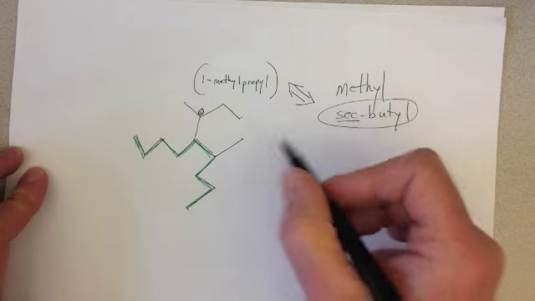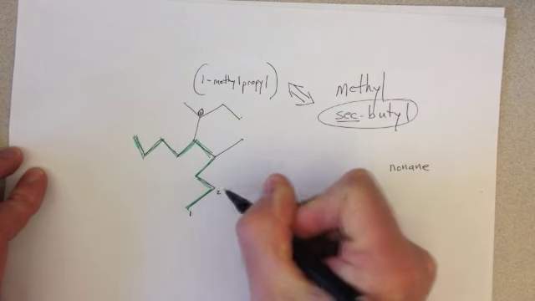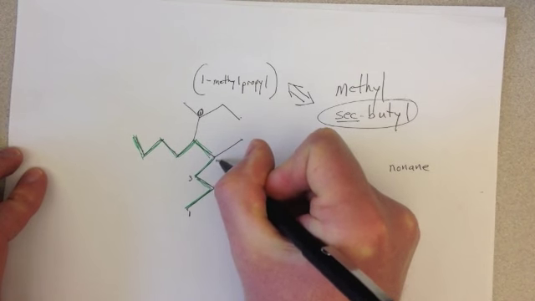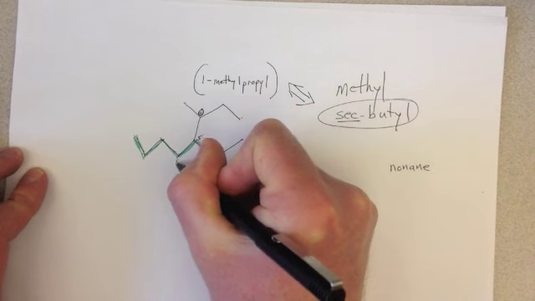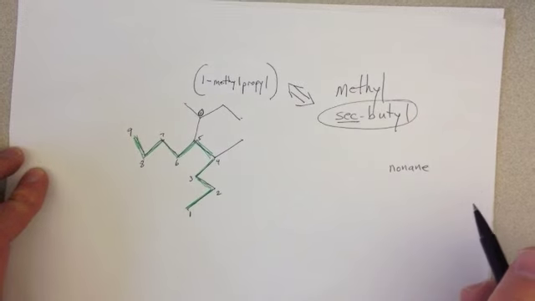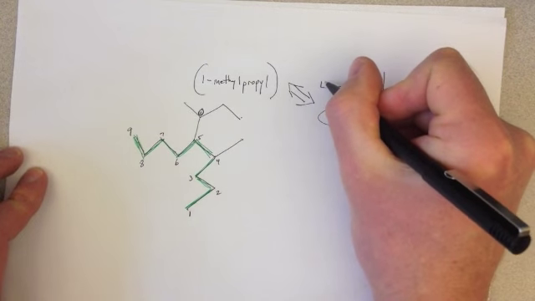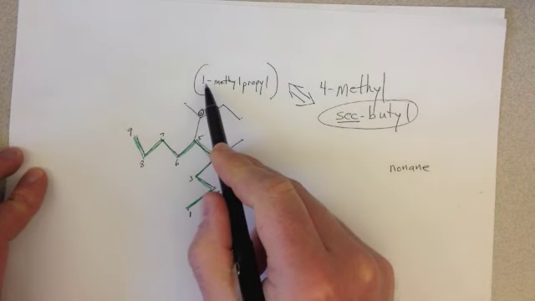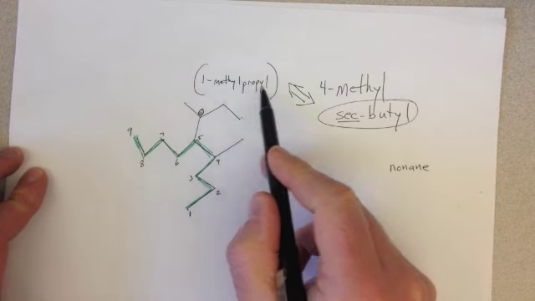So here's how we're going to number the nonane: 1, 2, 3, 4, 5, 6, 7, 8, 9. This methyl will be at the 4th position. This 1-methylpropyl will be at the 5th position.